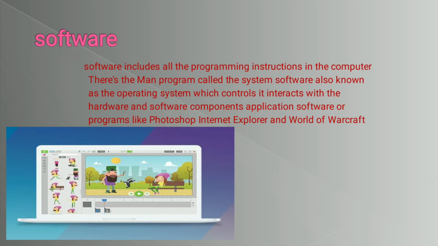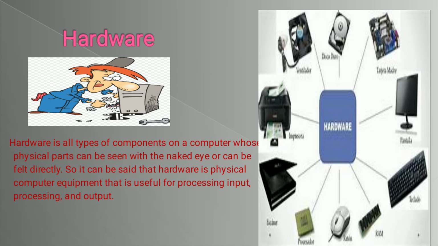Software includes all the programming instructions in the computer. There's the main program called the system software, also known as the operating system, which controls and interacts with the hardware, and application software or programs like Photoshop, Internet Explorer and World of Warcraft.